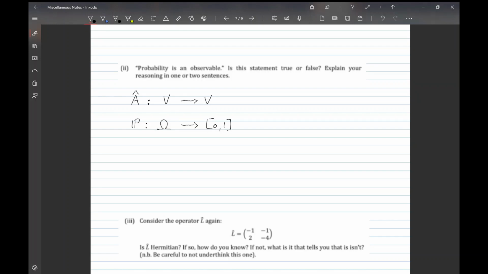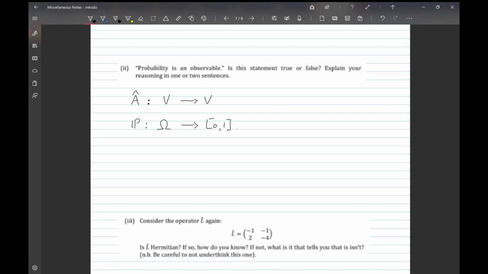Moreover, when we talk about probability in quantum mechanics, we're talking about what is the likelihood that a measurement yields particular values of an observable. And so in that way, if probability were itself an observable, it would kind of be circular to have defined it that way.